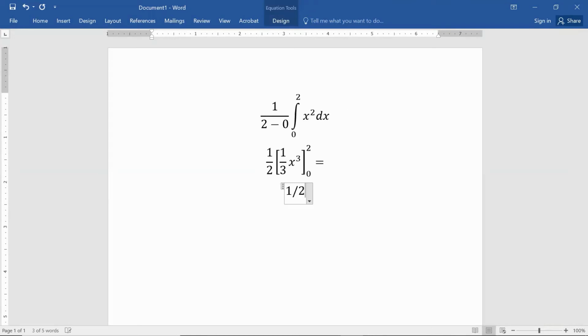When I plug in 2, I get 1/3 times 2 to the third power. When I plug in 0, I get 0.